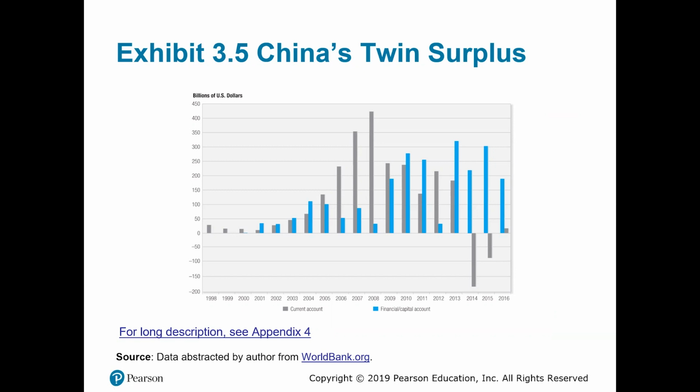It's the largest exporter in the world, so their current account is in surplus. This current account surplus should be matched by, or offset by, an almost equivalent amount of financial account deficit. But there are restrictions on capital inflow. That's why we don't see an offset or equal amount of financial account deficit.